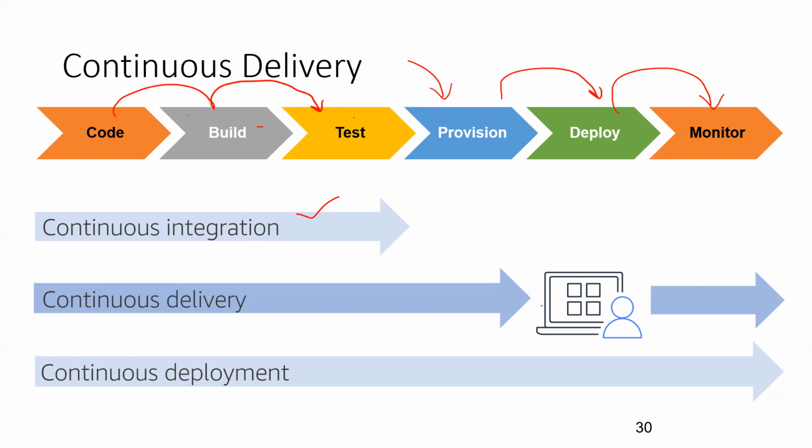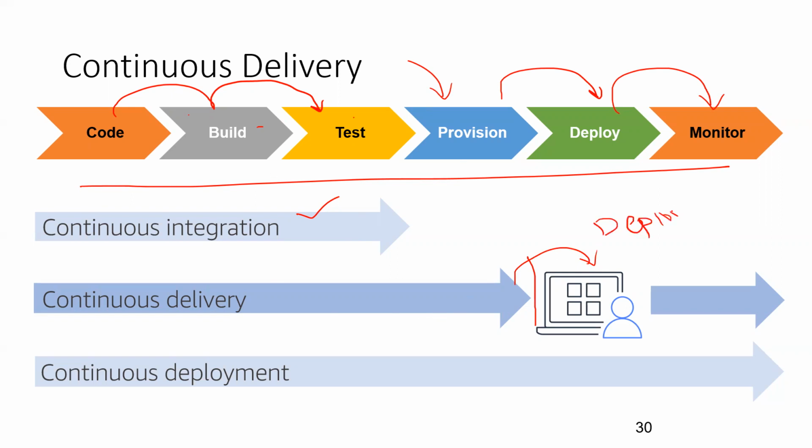Now, if all the activities till provisioning are automated, and only the deployment is manual, and then the automation continues, if only this stage deployment is manual, then it is called continuous delivery.